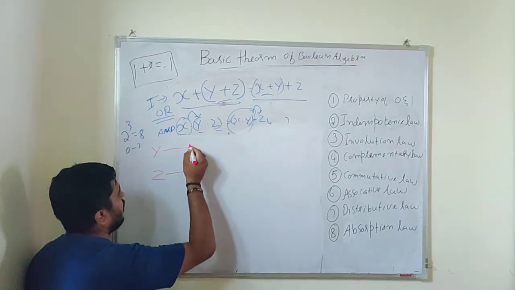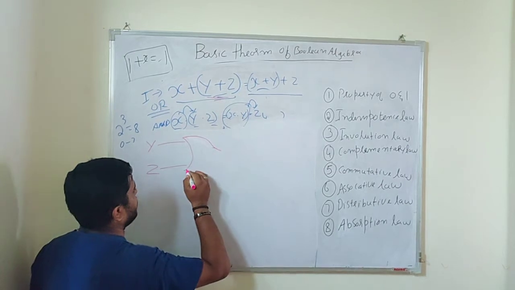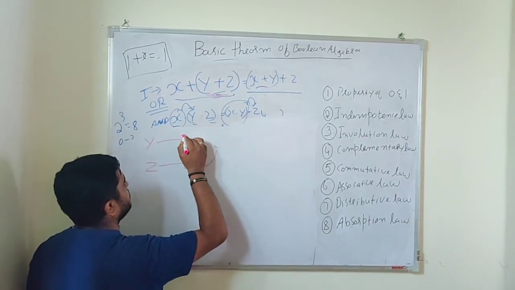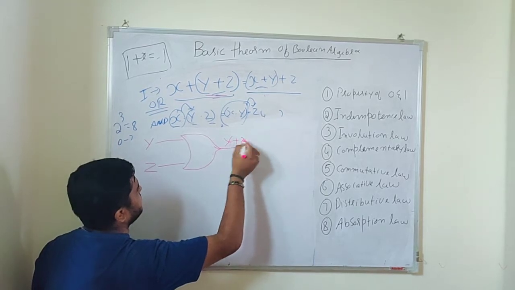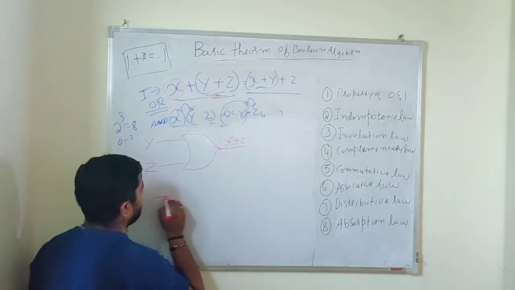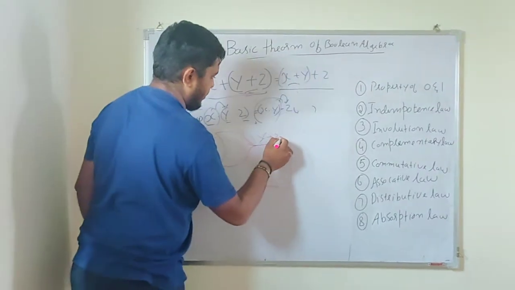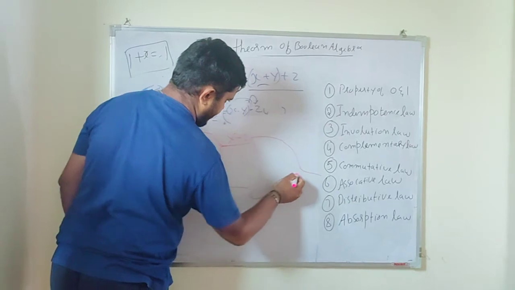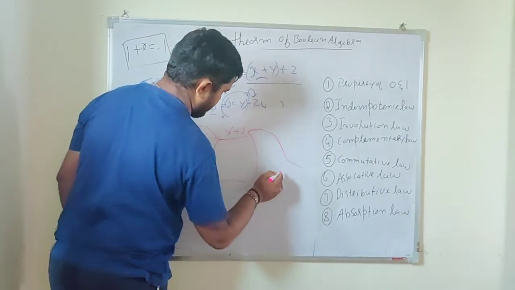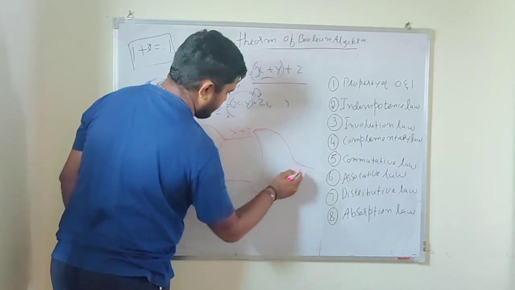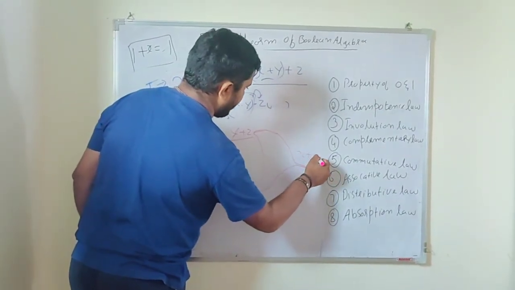So I just draw the OR gate symbol as y plus z, and x is remaining out here, and again you are going to put the OR gate symbol. So OR gate symbol, x plus y plus z.